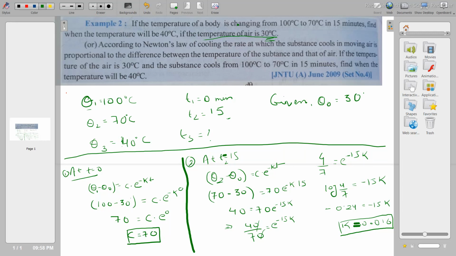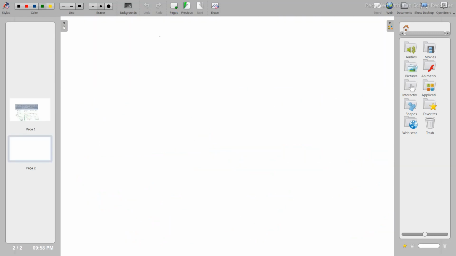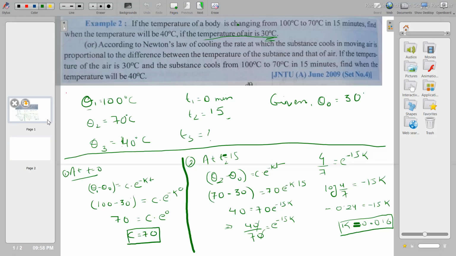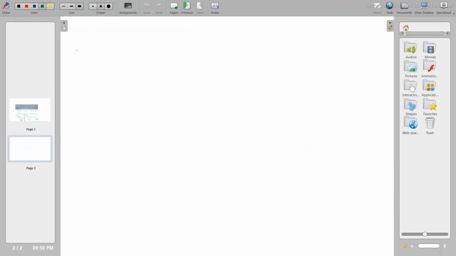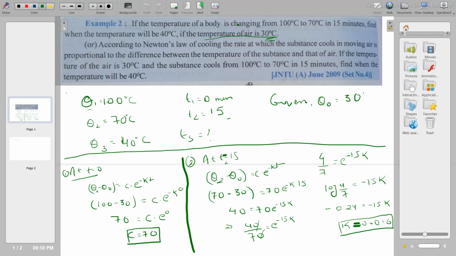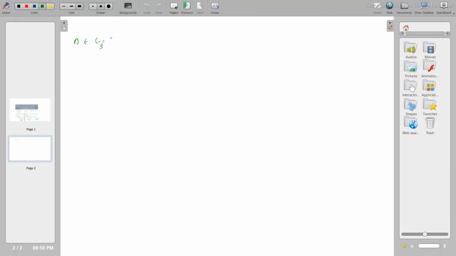Now moving ahead, at theta 3 we have to find t3. So theta 3 minus theta naught is equal to C into e power minus kt.